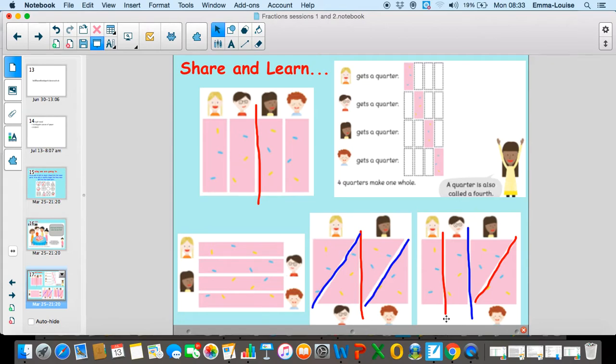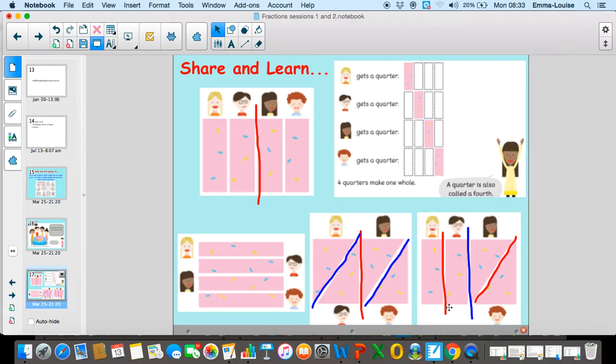And a bit like when we were learning about the square, do you remember we could cut the square down the middle or diagonally and it was still showing half even though they were different? On this one, they shared it down the middle once to make two halves that looked exactly the same, and then they cut those in half differently.